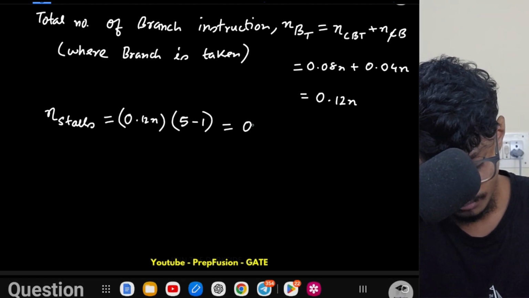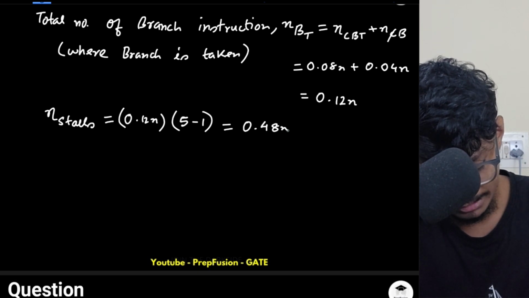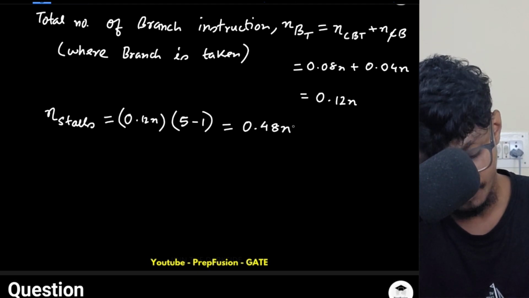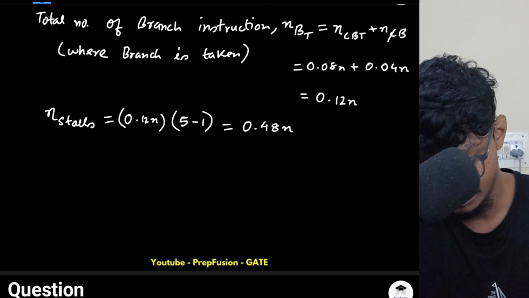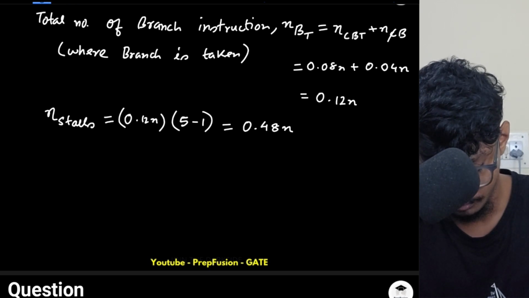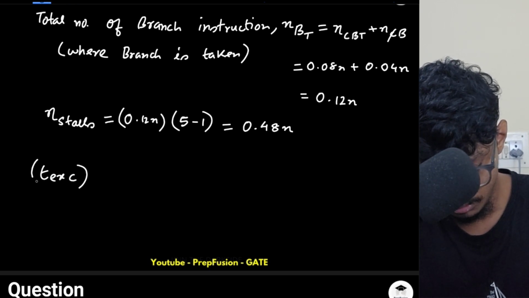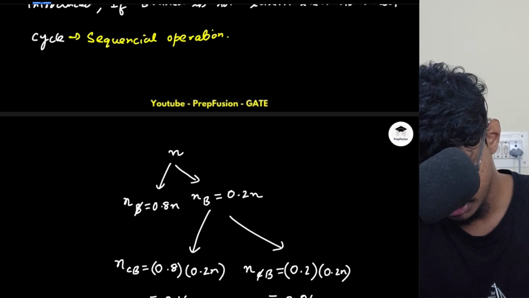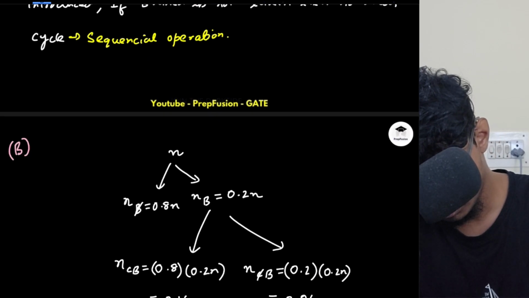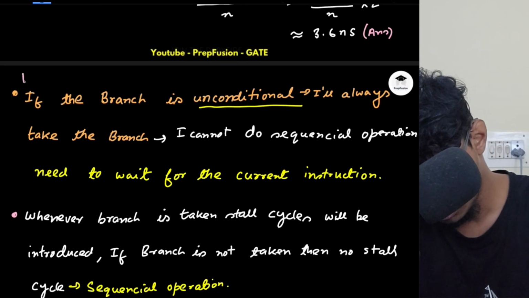So it will become 0.48N. Now finally, I can write the average execution time for part B. This is for part B actually. We will write from here.